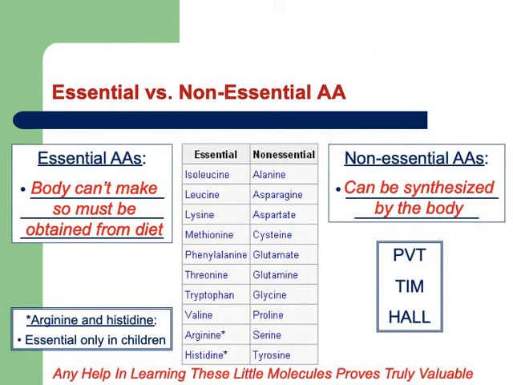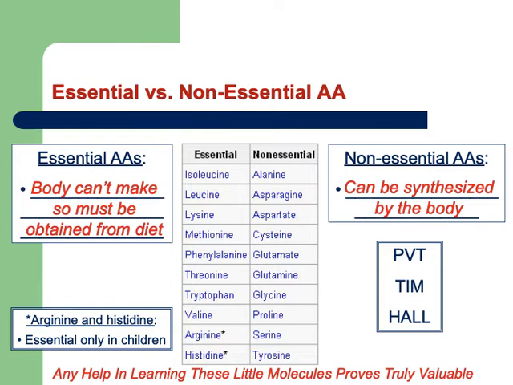Now we're going to discuss our essential and non-essential amino acids. Essential amino acids are listed on the left-hand side of this table. The body cannot produce these amino acids, and so you must get them from your diet. So it's isoleucine, leucine, lysine, phenylalanine, valine, arginine, and histidine.